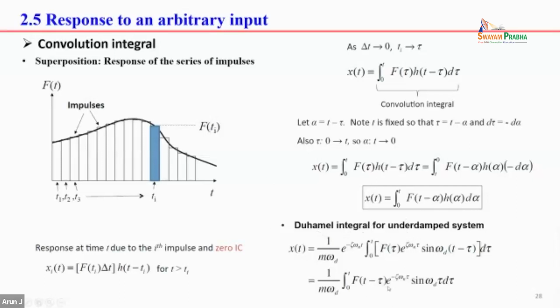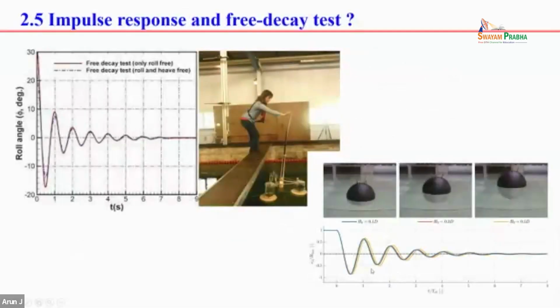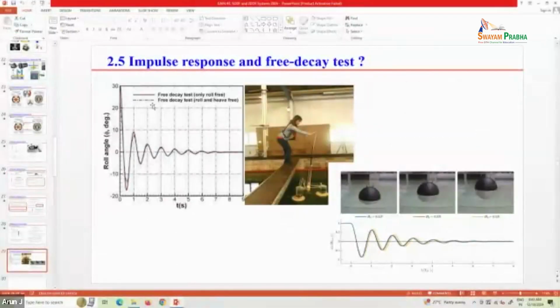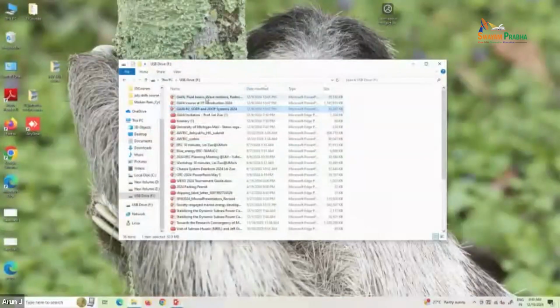This is for a single input: if you know the impulse response and the arbitrary force input, you get the output. Let us continue, change this slide, and talk about fluid.